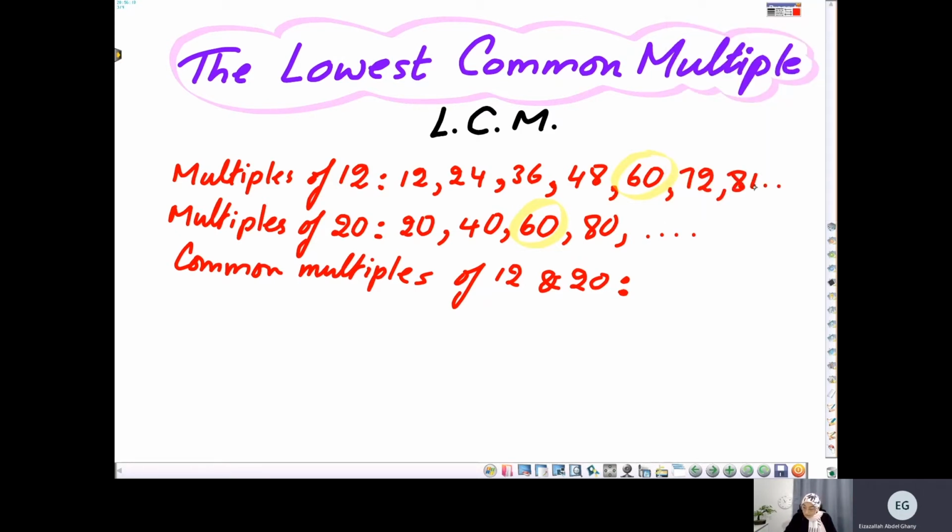Here is 84, 96, 108, and so on. And here, if you add 20, it is 100, 120, and so on. Actually, there are many multiples for both 12 and 20, but the lowest common one is 60, and there are much more.